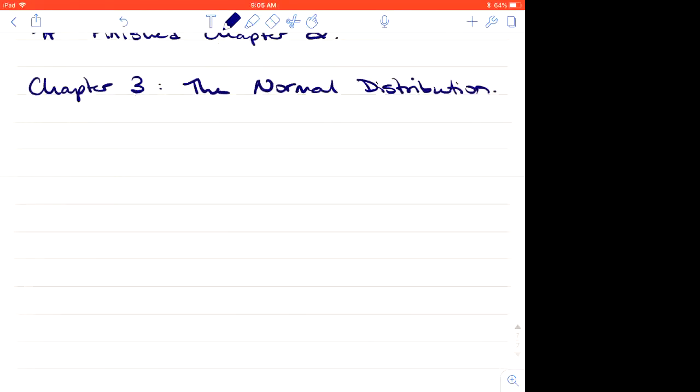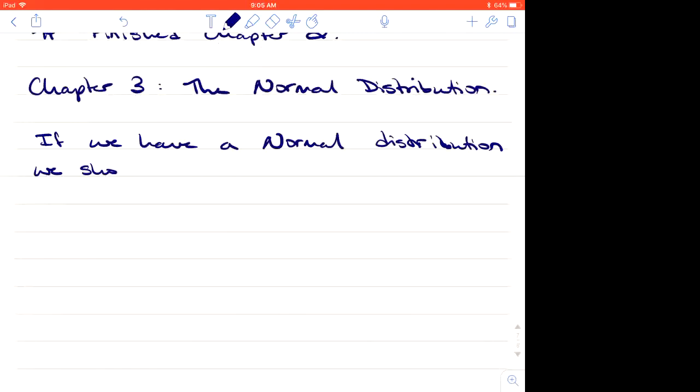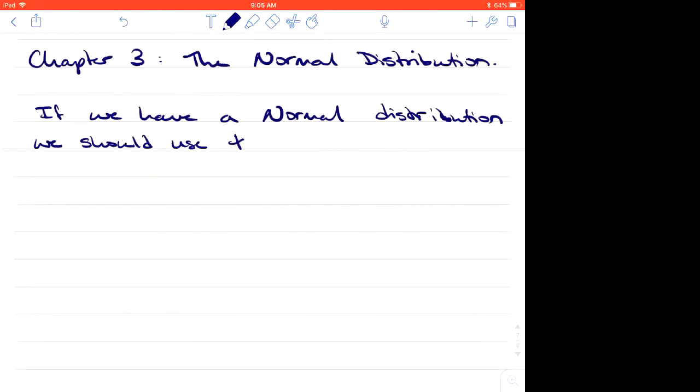So we've already said that if we have a normal distribution, we should use the mean and standard deviation, which if I'm going to write about it, I'm just going to shorthand it to SD.